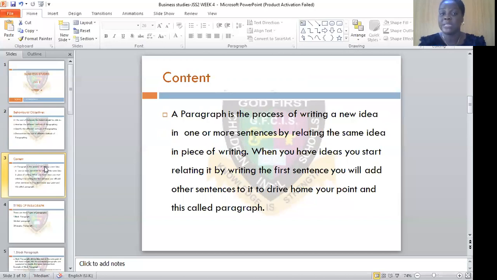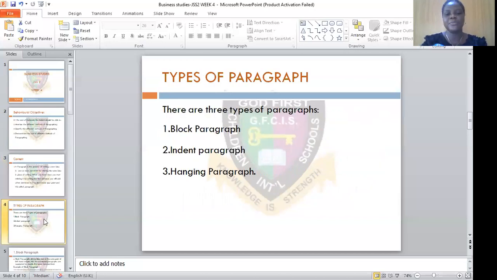The process of writing a new idea in one or more sentences by relating the related ideas in pieces of writing is called a paragraph. We have some types of paragraph that we want to discuss today, and we are having 3 types of paragraphs. The first one is block paragraph. The second one is indent paragraph.